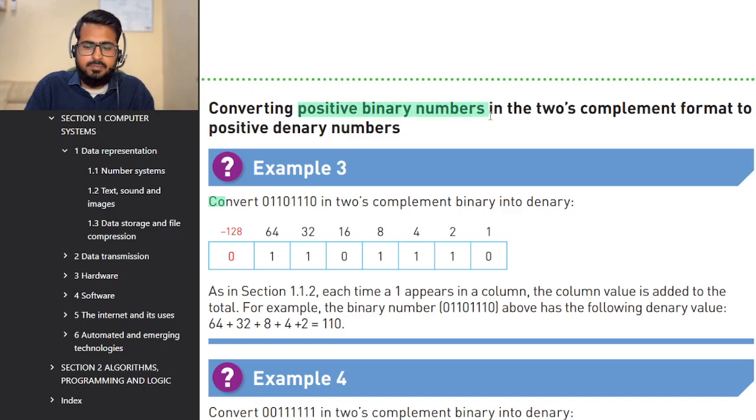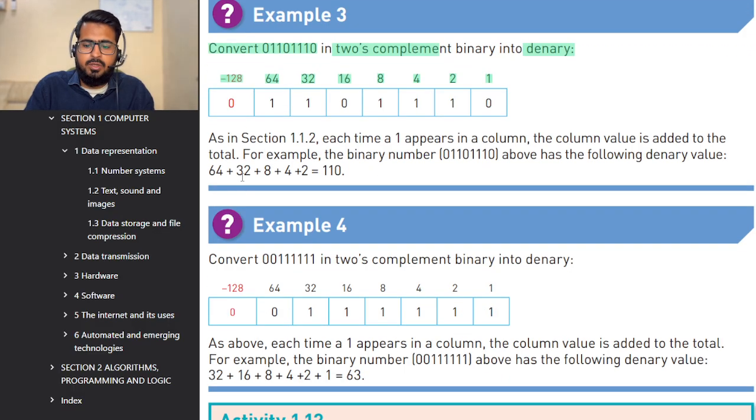So here is an example of a positive binary. The book is saying this is the positive binary 0 1 1 0 1 1 1 0, convert it into 2's complement and then into denary. Nothing is special, just place a value chart of binary, put a minus sign on the leftmost bit and convert it into denary.